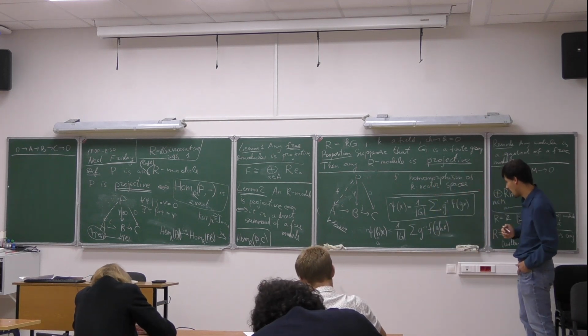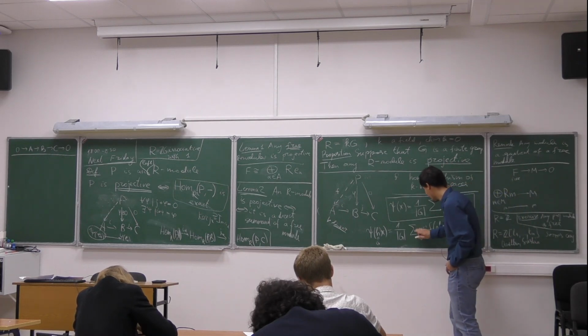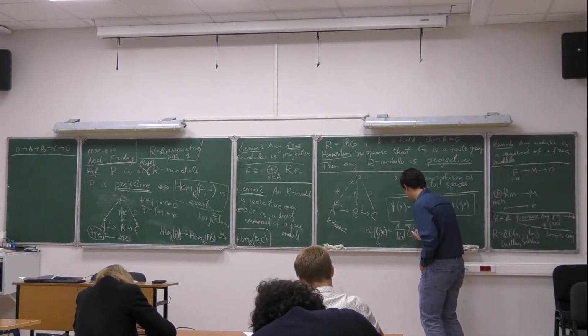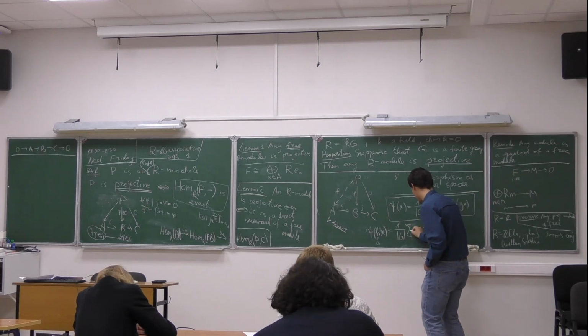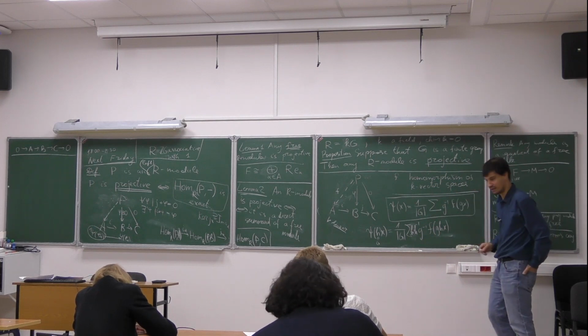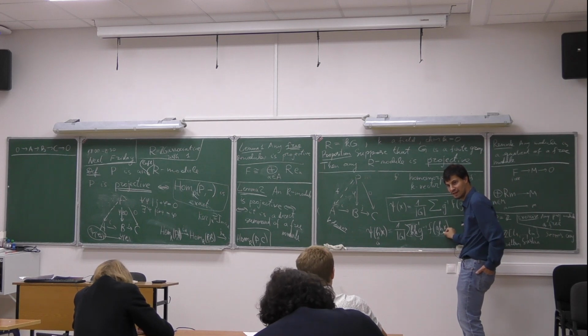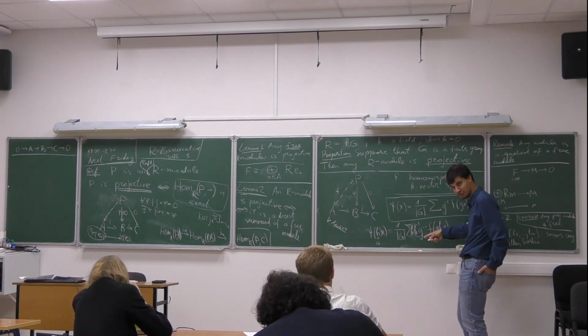Okay, but now we can do it like that. We can insert here h minus 1. Well, this is just the unit, and then this one is the inverse of that, and we denote it by g.